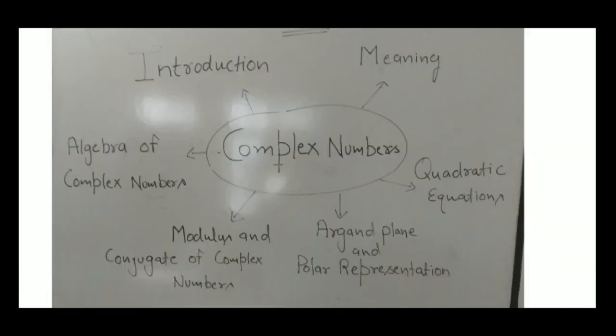Before starting chapter 5, you will see the mind map of this chapter. The name of the chapter is complex numbers and quadratic equations.